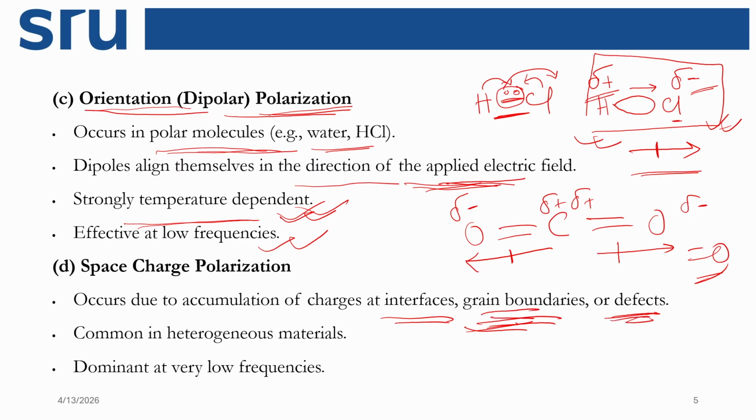When charge accumulates in the grain boundary, defects, or interface, we get space charge polarization. It means that in different locations in space, we get polarization due to the application of the electric field. This is commonly observed in heterogeneous materials and dominates at very low frequencies.